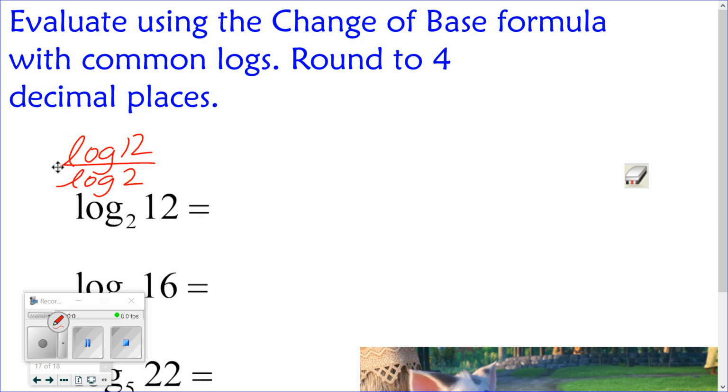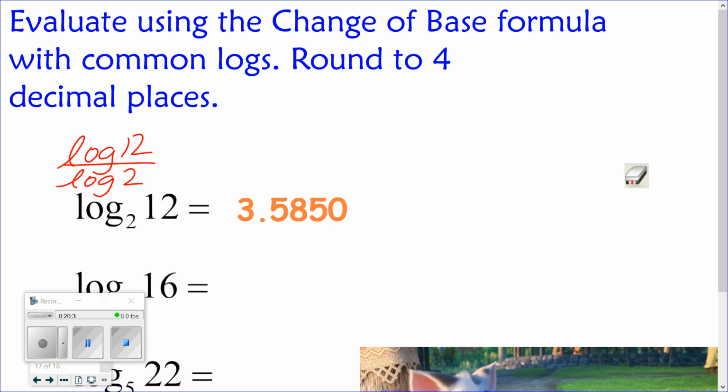Again, I want to make sure you're understanding what this is doing. What am I asking you to find? What's it asking? Good. It's asking 2 to what power is 12. I want to make sure we're clear on how to use logs, like what their purpose is. So 2 to what power equals 12? Cool, huh?